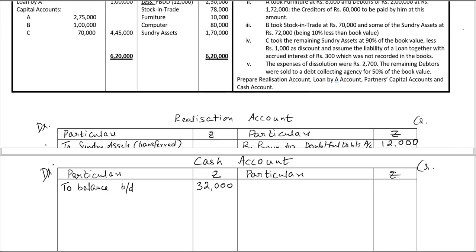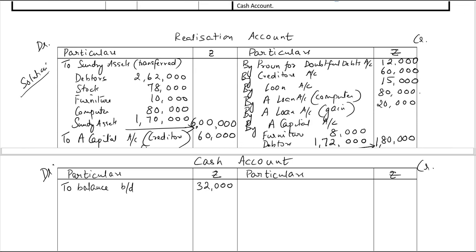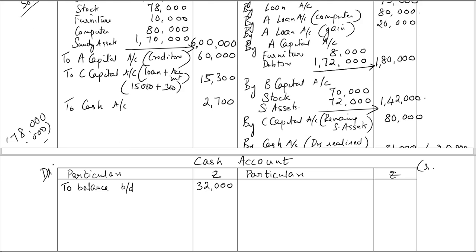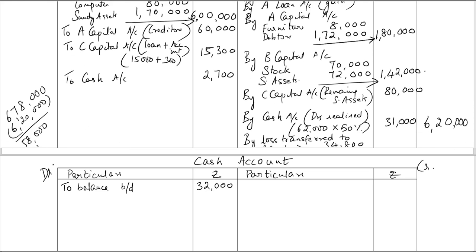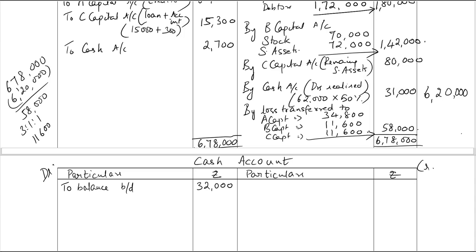Next, let's go to the realization account to get the figures for payment of liabilities and amount realized from sale of assets.